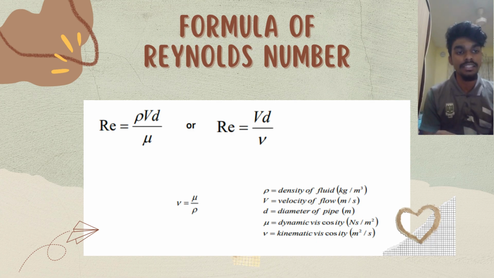Rho is the density of the fluid, in kilograms per cubic meter. V is the velocity of flow, in meters per second. D is the diameter of the pipe, in meters. Mu is the dynamic viscosity, in Newton seconds per square meter. Nu is the kinematic viscosity, in square meters per second.